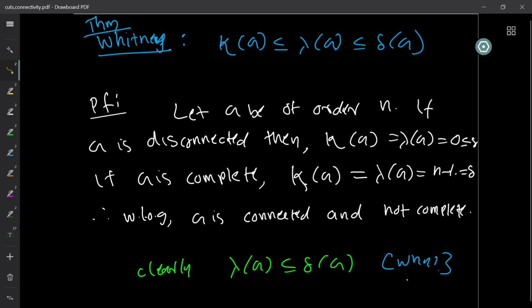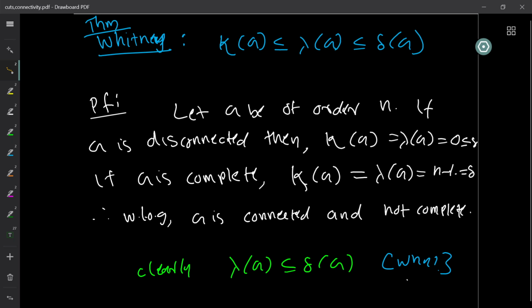Then if the graph is complete, then we know that by definition, the vertex connectivity is equal to n minus 1, which is also the minimum degree. And why is the edge connectivity n minus 1? Because if the graph on n vertices is complete, then if you remove all the edges incident with one vertex, it becomes disconnected, right? And that is equal to n minus 1.